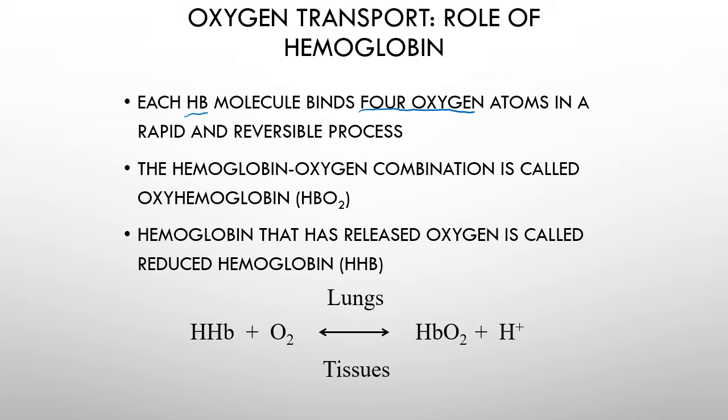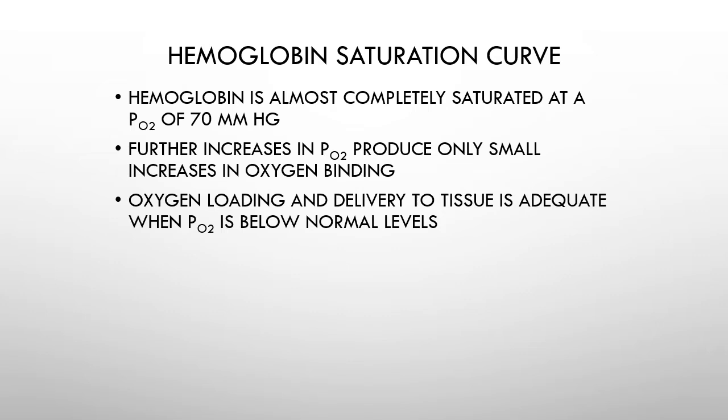And so when we have oxygen bound to that hemoglobin, we have what we call oxyhemoglobin. And so this process is going to allow us to bring that oxygen to the tissues. And then reversibly in the tissues, we're going to take that oxygen off of that hemoglobin, put it back into solution, and allow it to be delivered to the tissues themselves once it's there.